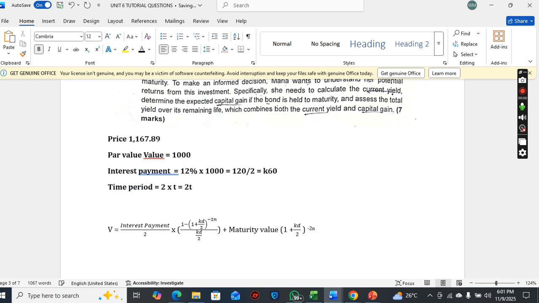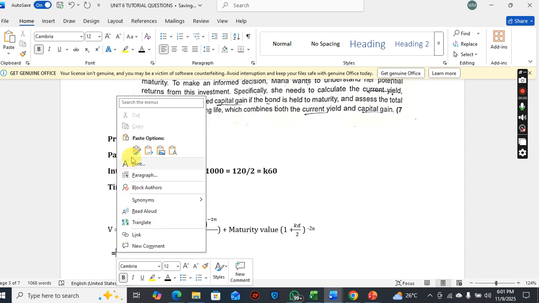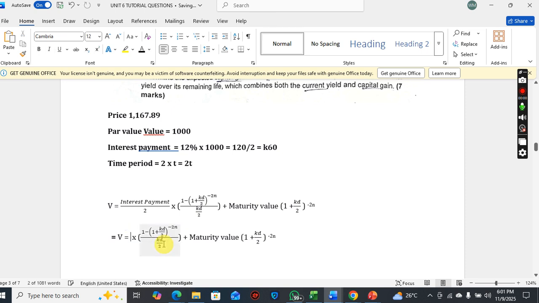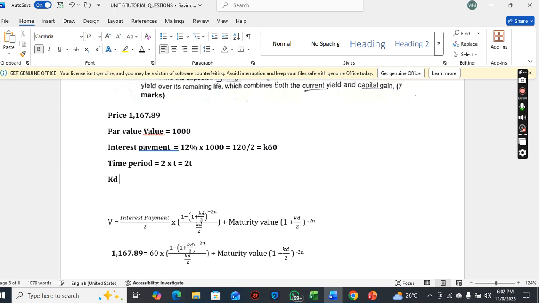So we do our substitutions. Interest payment here, 60. Price of the bond, 1,167.89. Cost of debt here, KD, 10% divided by 2, which gives us 5%.